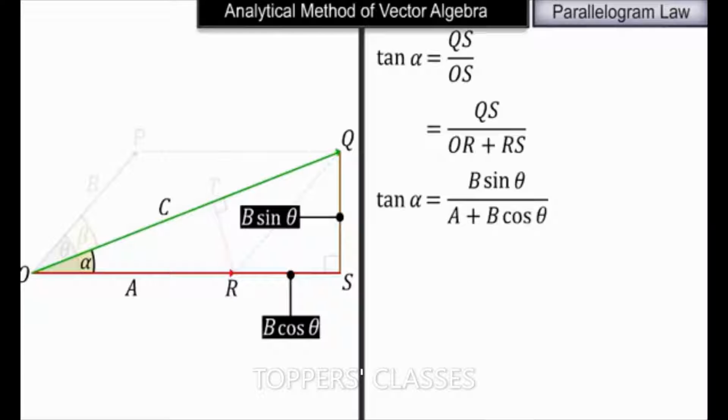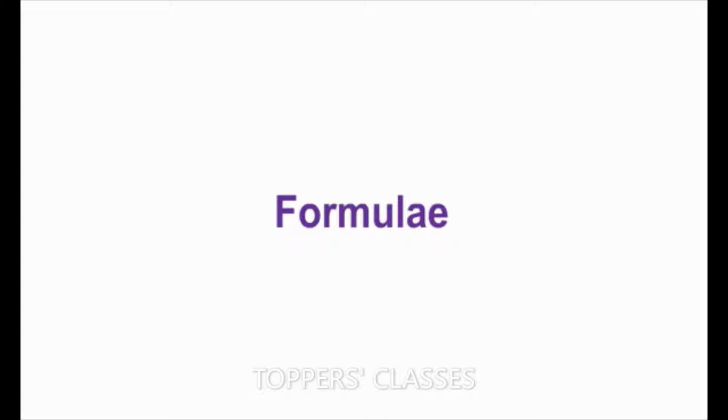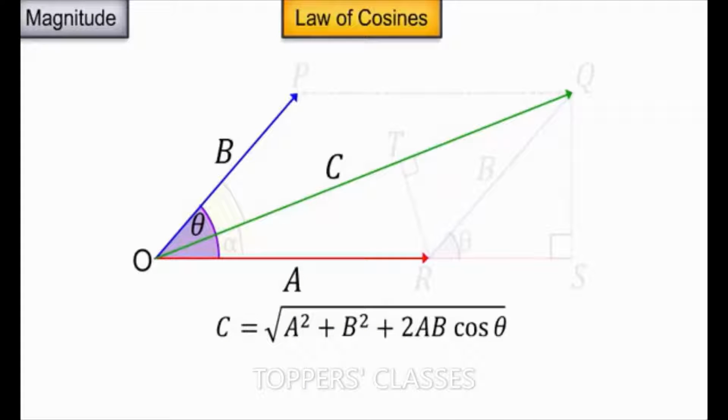Thus, the parallelogram law helps you find the magnitude and direction of the resultant vector C. C is equal to square root of A square plus B square plus 2AB cos theta. This equation is known as the law of cosines. Using this, we can find the magnitude of the resultant vector. A by sin beta is equal to B by sin alpha is equal to C by sin gamma.